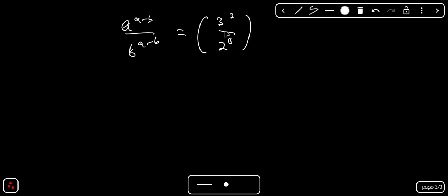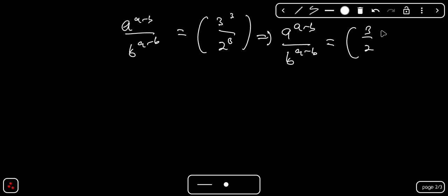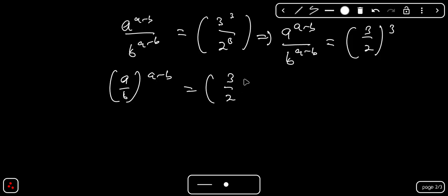Since 27 is 3^3 and 8 is 2^3, we have a^(a-b) over b^(a-b) equal to (3/2)^3. Then if you write this also, we are going to have (a/b)^(a-b), which is equal to (3/2)^3.